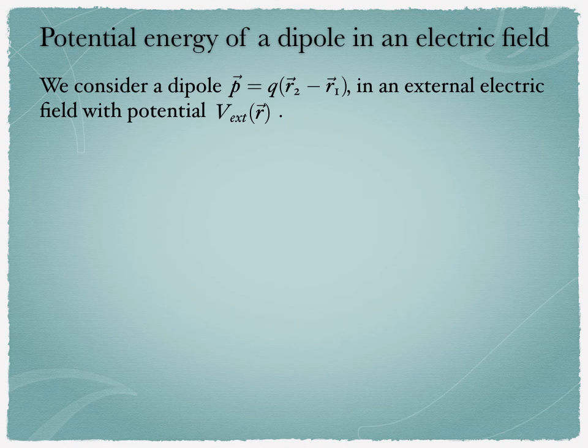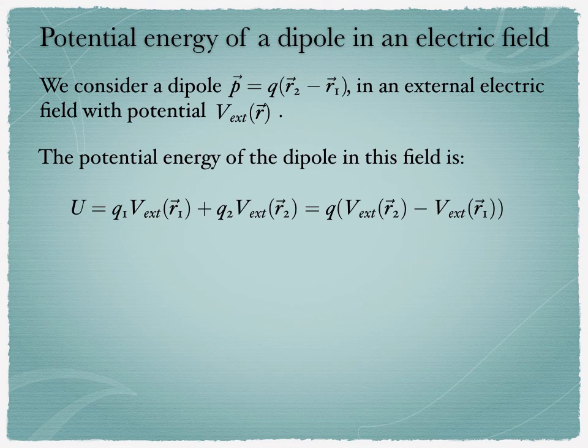Now, if you're interested in the interaction energy between this dipole and this imposed external potential, then we remember that the potential energy is nothing but the sum of the individual potential energy of Q1 and Q2 in this externally imposed potential field. So this would be Q1 V1 basically plus Q2 V2.